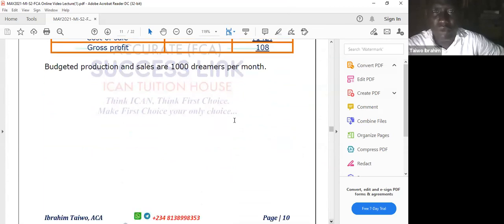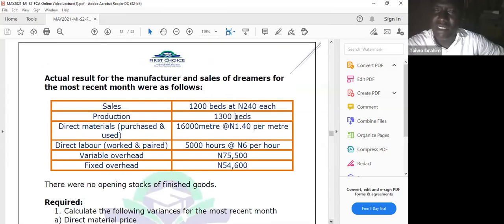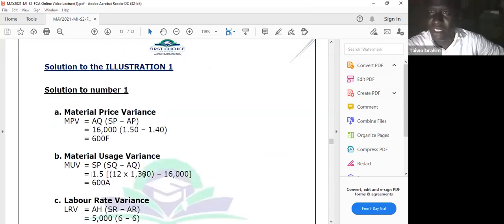They produce 1,300. That means the standard quantity will be 12 meters times 1,300. So check the way they put it there. The standard quantity is 12 meters times 1,300.